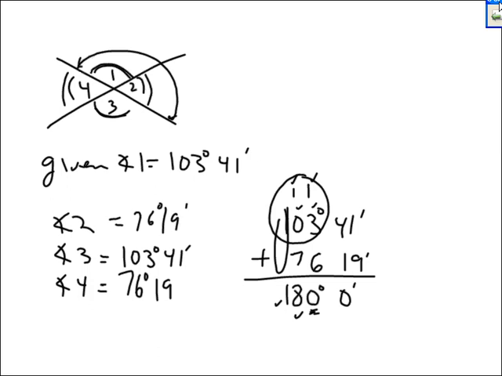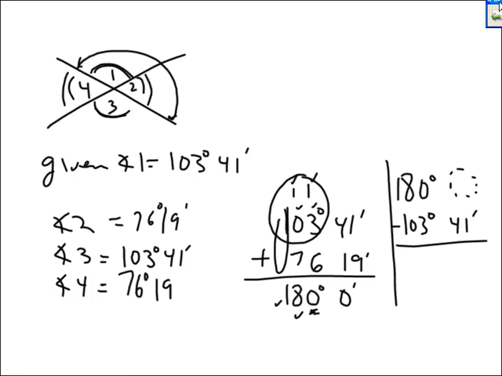Now you were probably taught that addition and subtraction are interchangeable. If you prefer, you could have done 180 degrees minus 103 degrees, 41 minutes. Well, you have 0 minutes there. Can't possibly take away 41 minutes. So you have to borrow from the degrees.